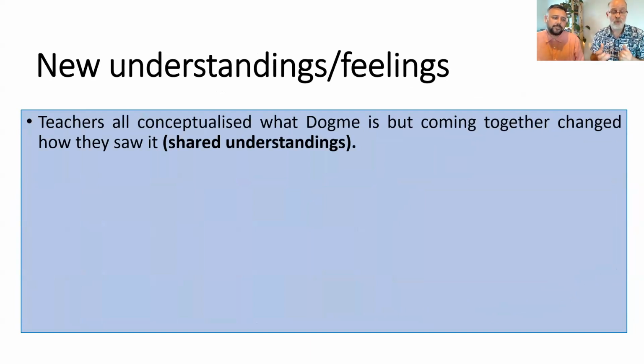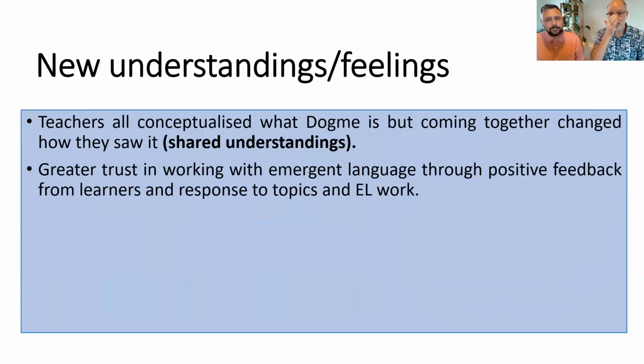The teachers, firstly, all felt quite confident about dogma. Said, yeah, we get this, we know what this is. But coming together helped them see that. They all talked about having greater trust with emergent language through the experience. And part of it was because of the response from learners.